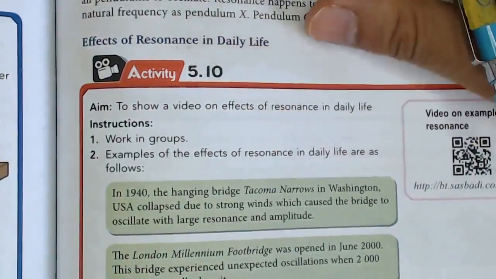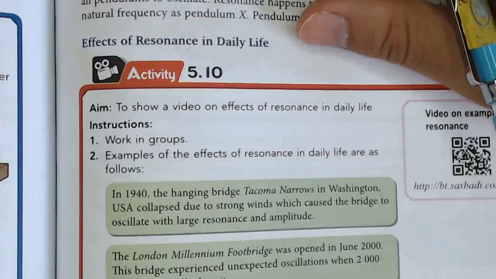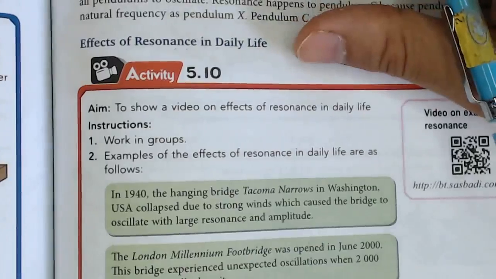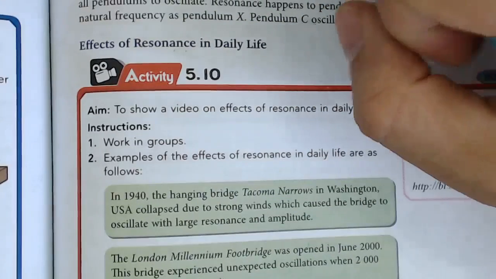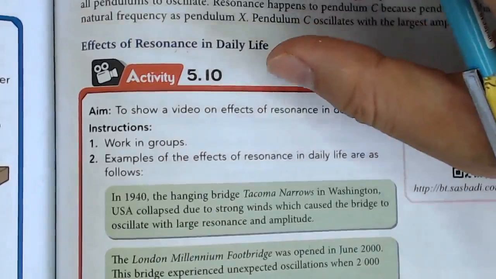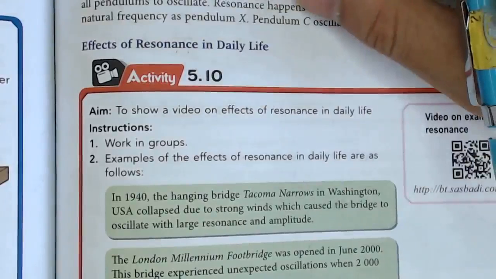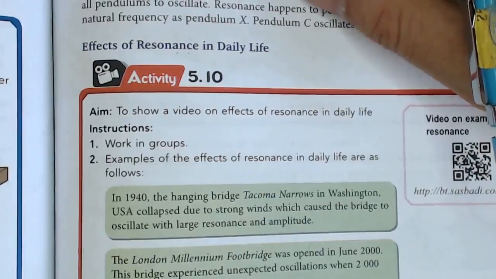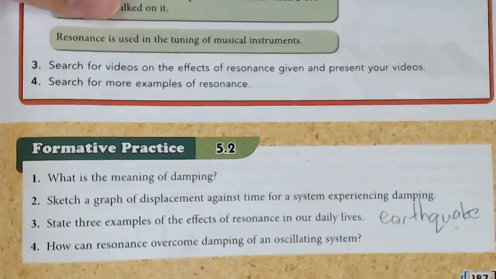So if an earthquake happens, the building will try to absorb energy, but it cannot follow the earthquake. It cannot vibrate along, because the frequency is not the same. That is the idea. Do you understand me?